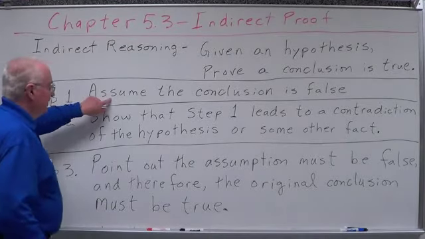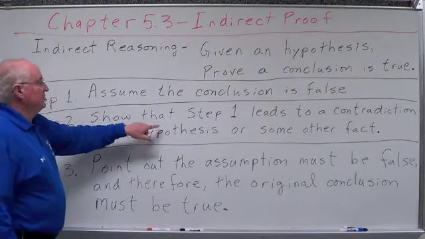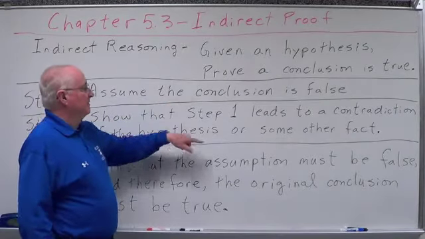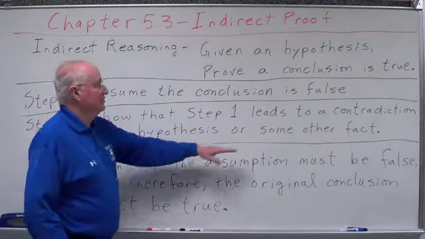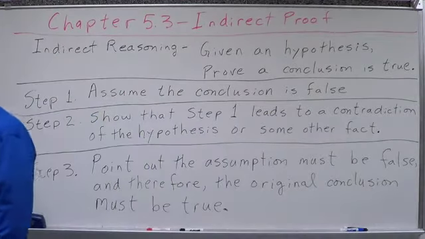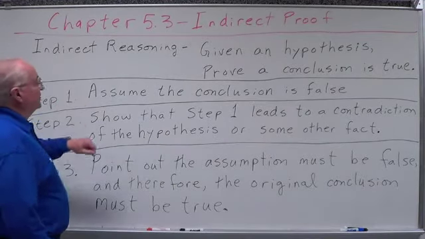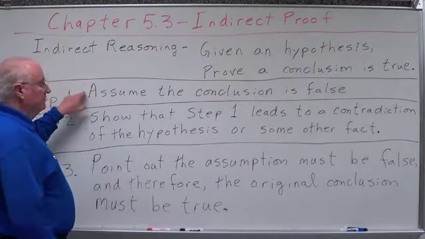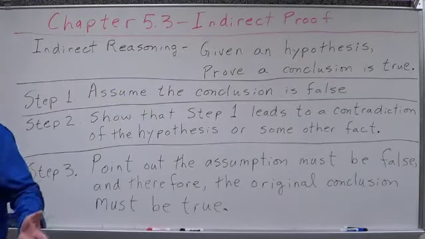Then, once we state the conclusion is false, we want to show that step one leads to a contradiction of the hypothesis or some other fact. In other words, because we assume the conclusion is false, the hypothesis doesn't hold.